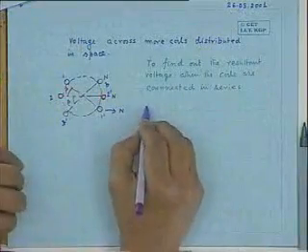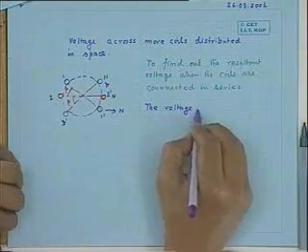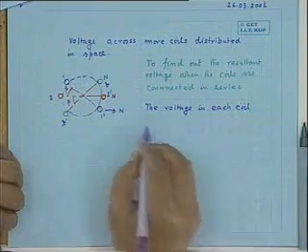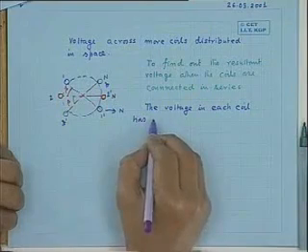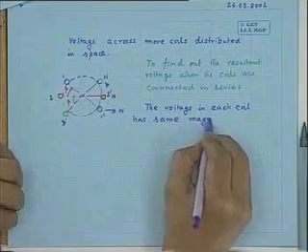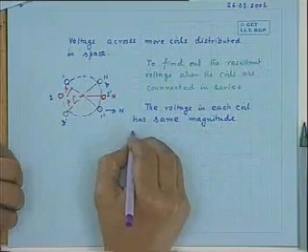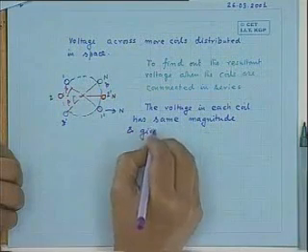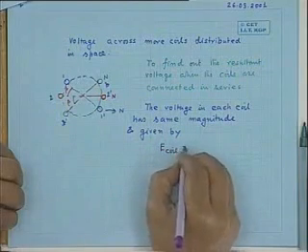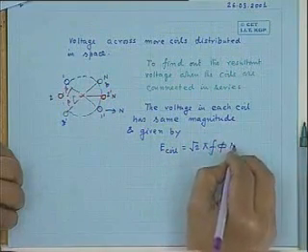The voltage in each coil has the same magnitude, given by E coil equals root 2 pi f phi into n.